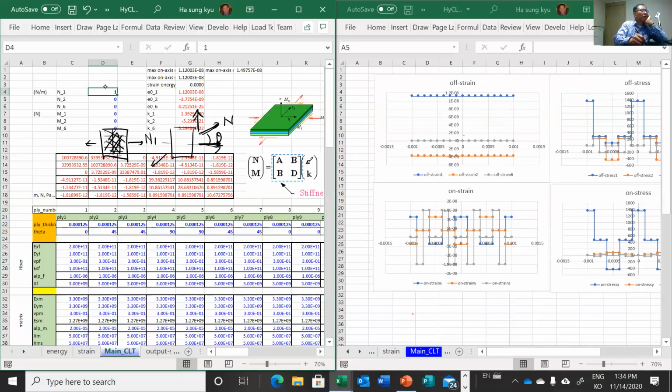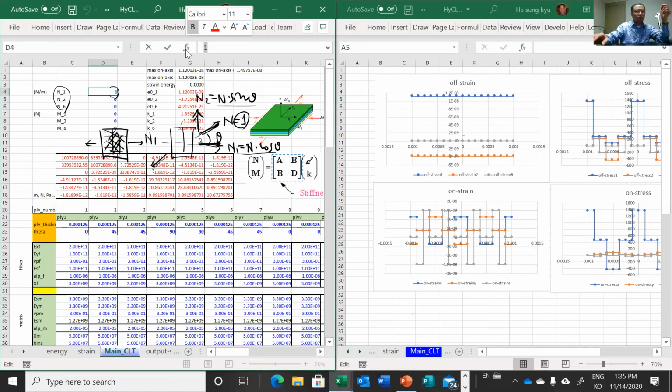So N1 will be simply N times cosine theta, and N2 will be N sine theta, because the way we apply the in-plane load has to be this direction, right? So if we apply the load in any direction, N1, N2 need to be this sine and cosine.